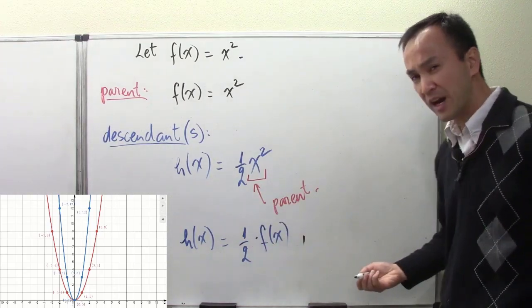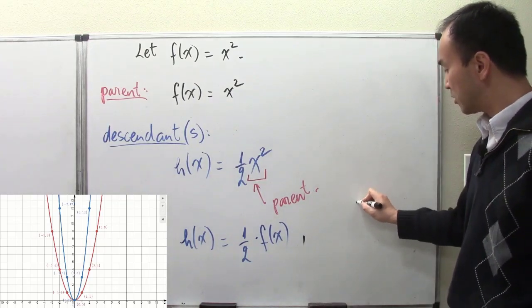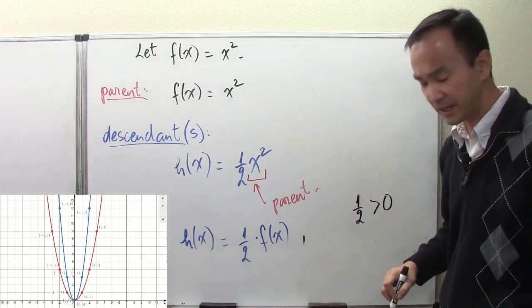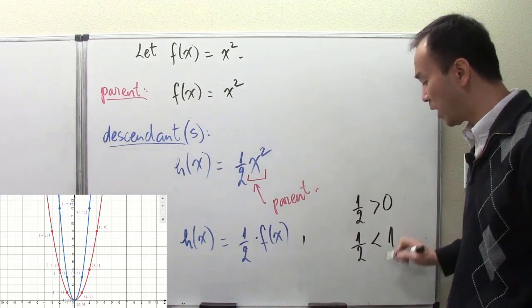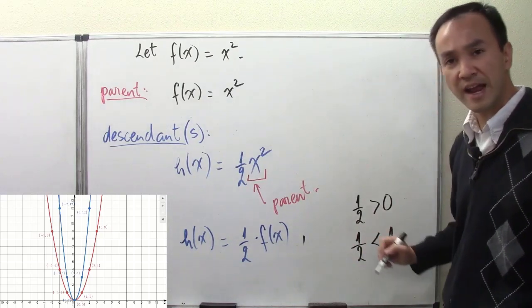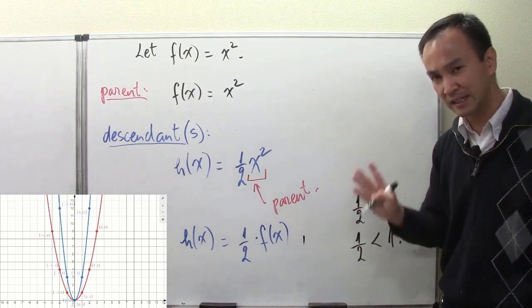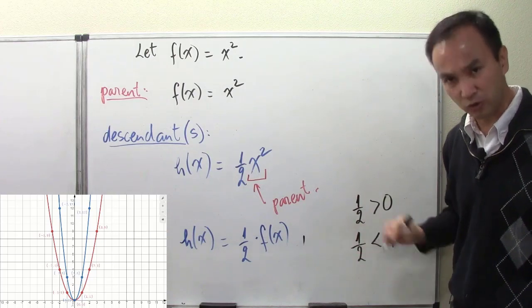So what about that 1/2 that we have noticed here? The 1/2 is still a positive value. But this time it is less than 1, because numerically 1/2 is exactly 0.5 if anyone thinks of it numerically as decimals.